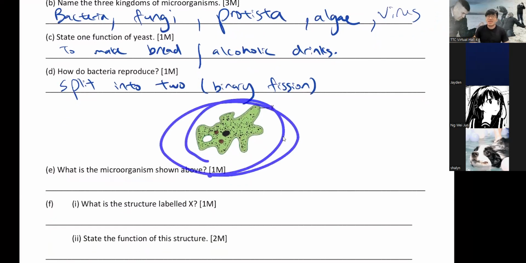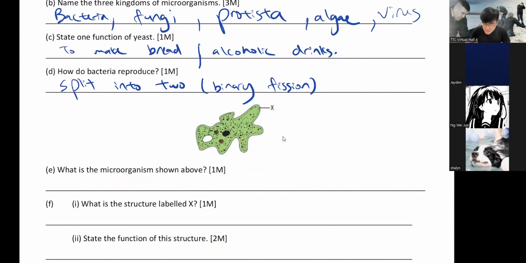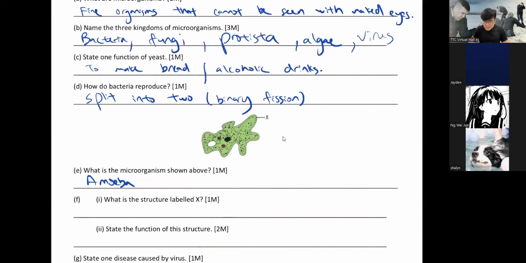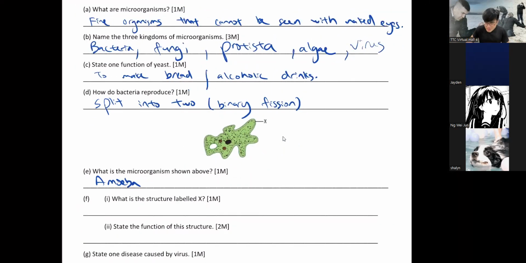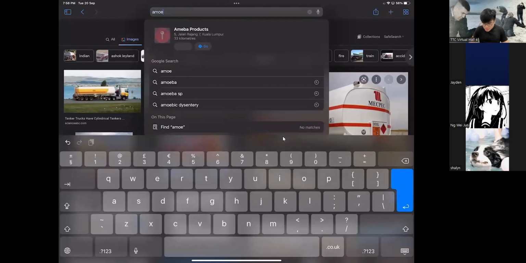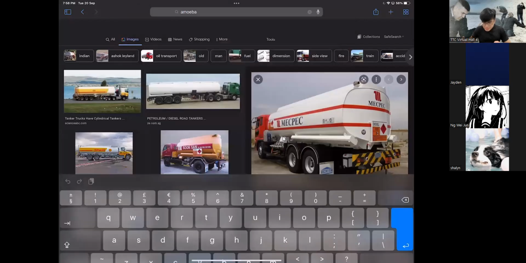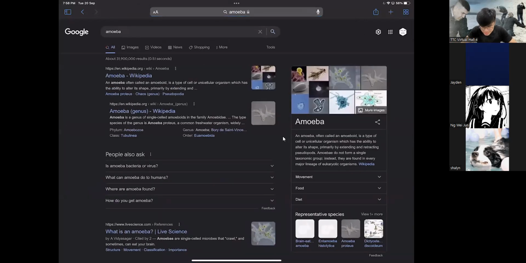Okay, pretty much it. So E, what is the microorganism shown above? You actually find this in fresh water. This is what we call an amoeba. Guys, do you know what an amoeba is? I don't know whether you see this in school. Amoebas look like this.